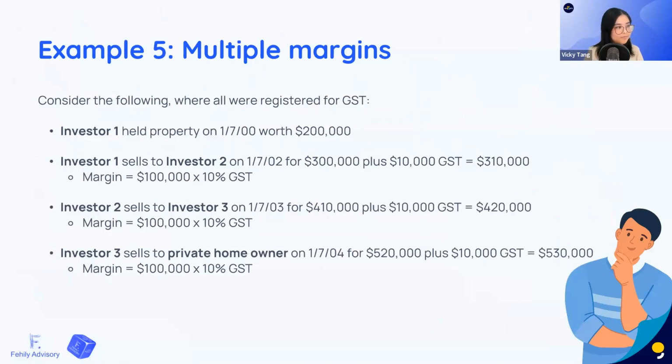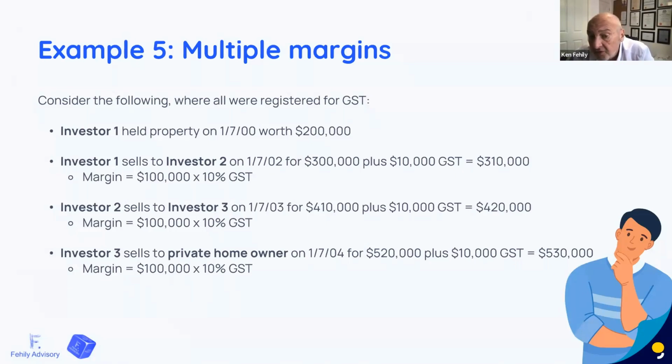So investor 3 bought it for 420 from the previous person and sold it for 520 plus GST. Only paid tax, 10%, on the 100,000. Didn't pay tax on the 420, as GST had already been paid on that.